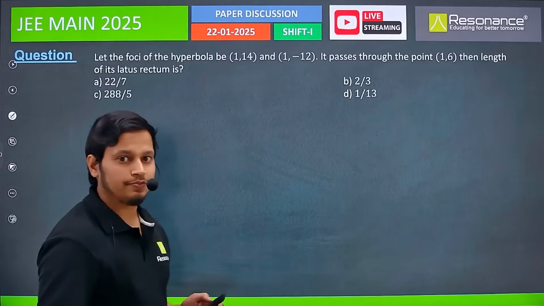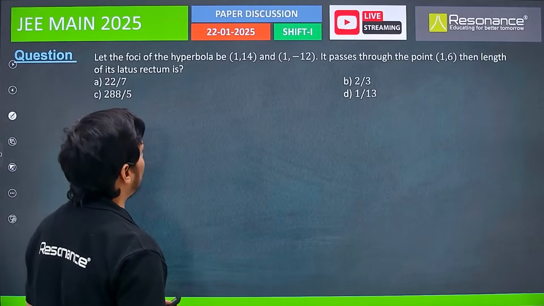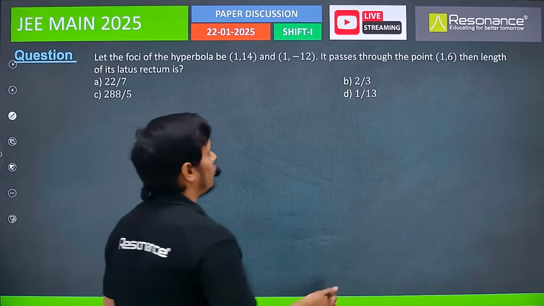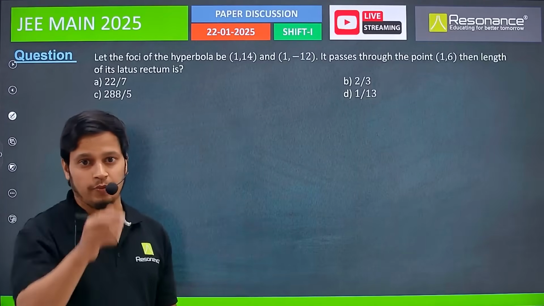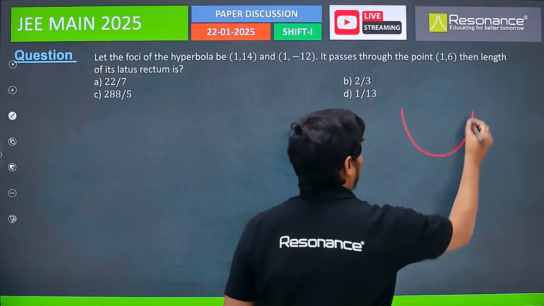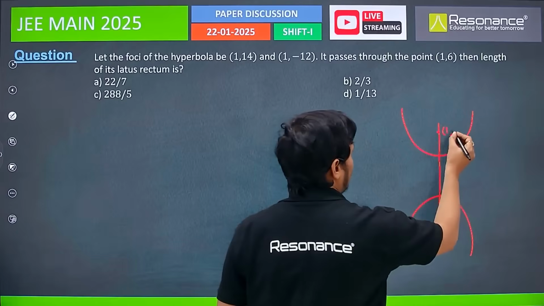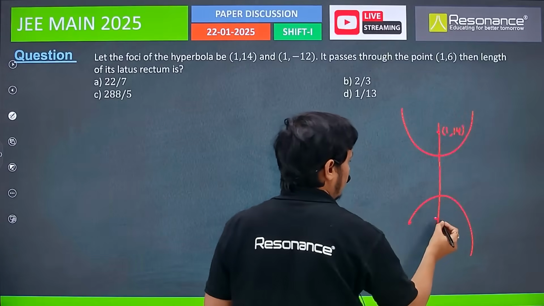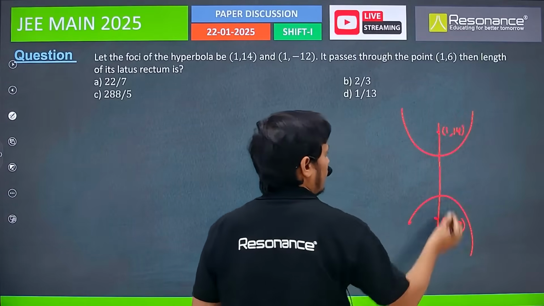Now coming to the next question. Okay, let the foci of the hyperbola be (1, 14) and (1, −12). As the x-coordinate of the foci is the same, it means the hyperbola will be vertical. Okay, so suppose this is the hyperbola. They are saying the foci are (1, 14) and (1, −12).